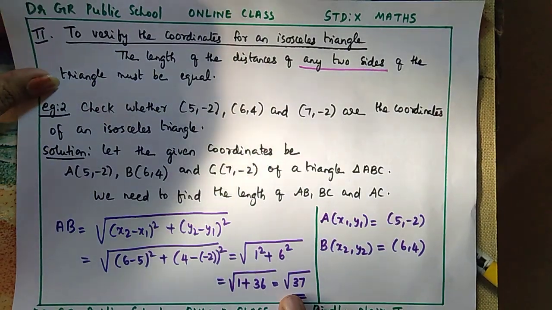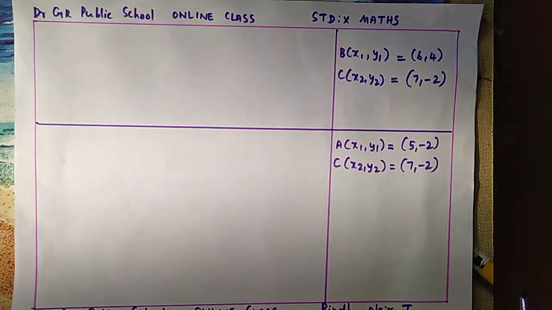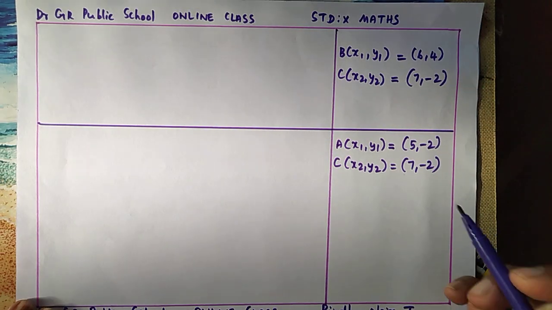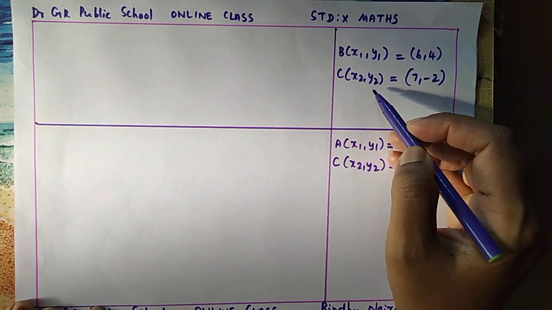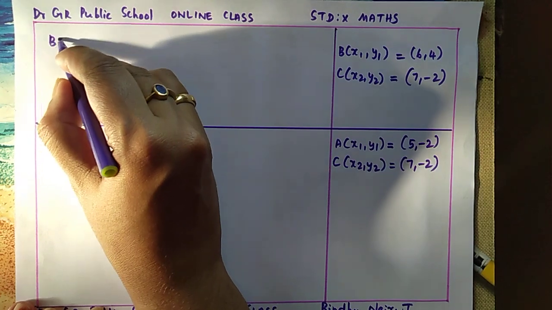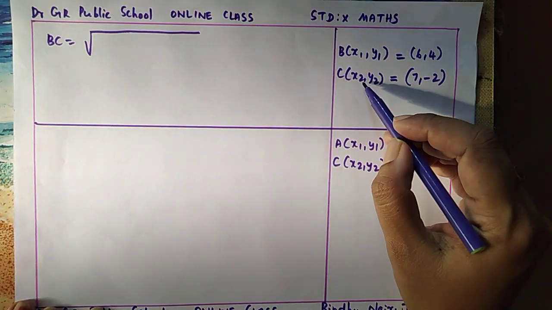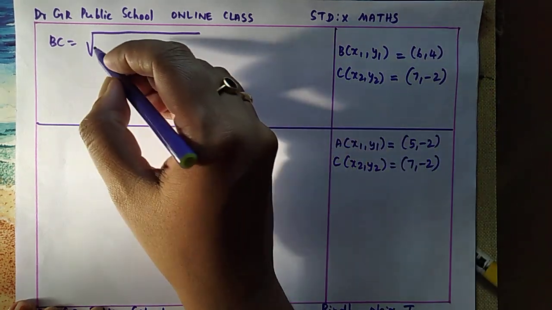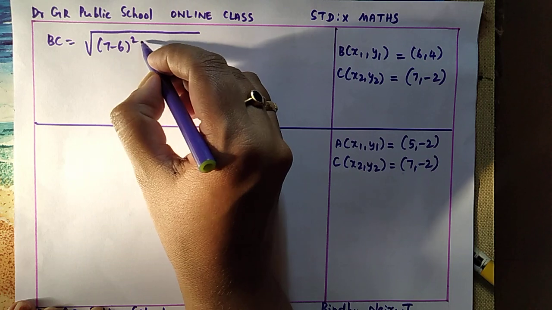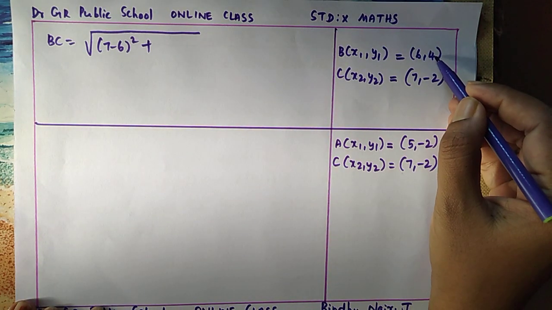Now we need to find the second distance BC. So see children, B is x1, y1 now and C is x2, y2. So BC equal to root of, what are the coordinates? x2 is 7 and x1 is 6. So 7 minus 6 the whole square plus y2 is minus 2, y1 is 4.